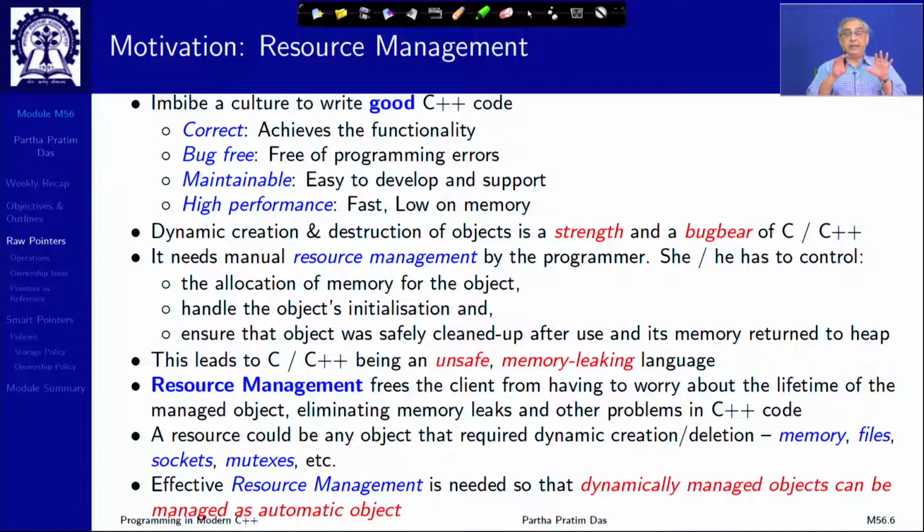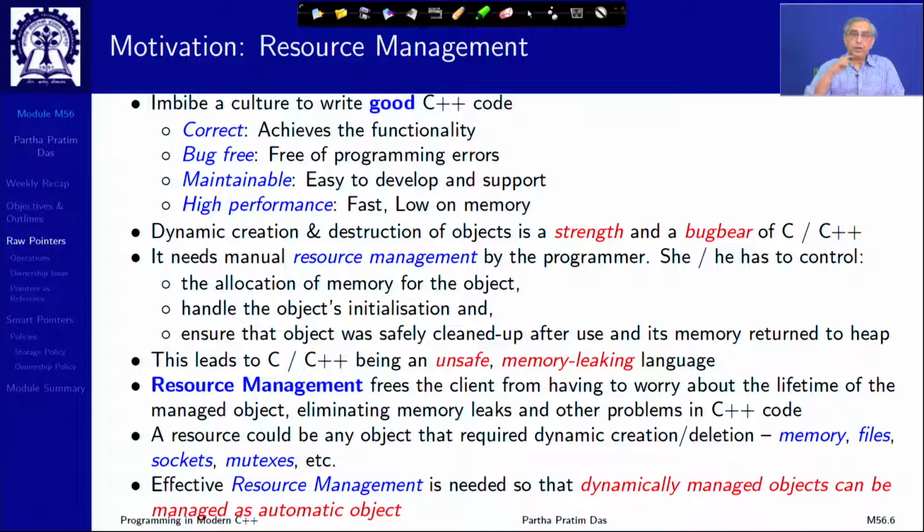Because other than the dynamic resource management, everything is automatic. The compiler does it. Either it is explicitly automatic or it is in the static area, which has automatic-like behavior. Like you do not need to make a decision about when to allocate memory, create an object and initialize, and when it is safe to clean up that object and return that memory to the free store.